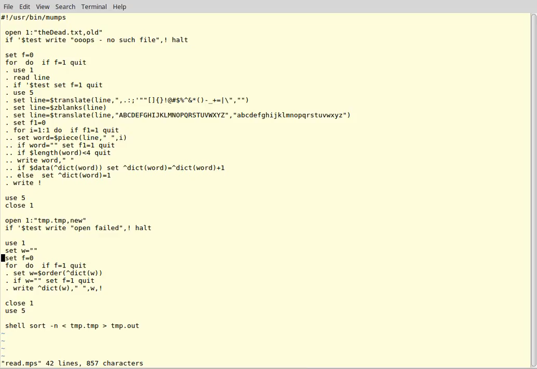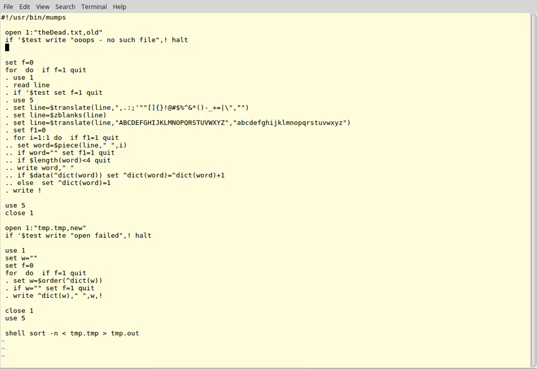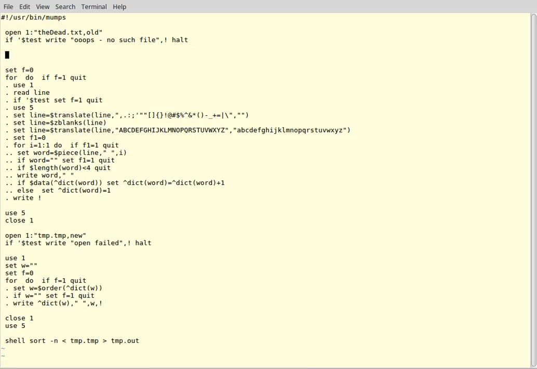What I failed to do is delete any previous version of the database, which would be kill up arrow dict. Okay, get rid of it. Otherwise, you're using old data. You're incrementing old data. It's very easy to do in Mumps because we tend to think in normal programming languages that when we start a program, all the variables are new, but they're not in Mumps, not global arrays. They're old if they exist.